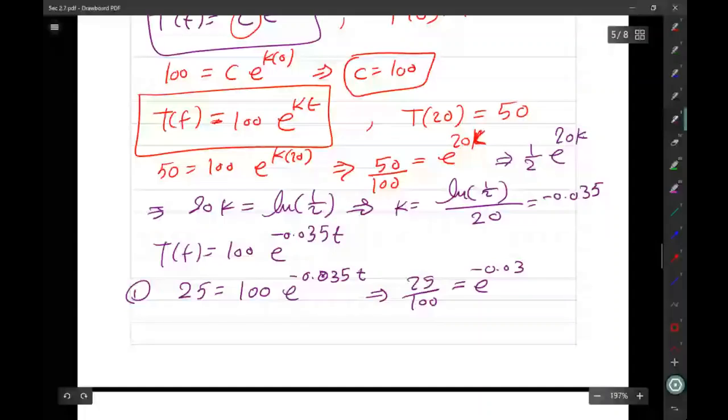And it's very simple that t becomes 1 by -0.035 times ln of 1 by 4, which equals 39.6 minutes.